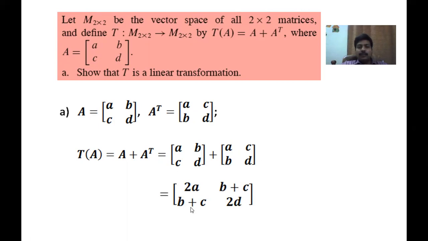C plus B is nothing but B plus C, since these are all scalars and the commutative property holds in scalars, and D plus D is 2D. So our T of A is [2A, B plus C; B plus C, 2D]. This is a 2 by 2 matrix again.